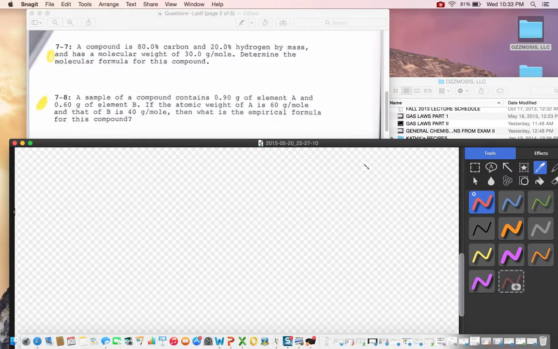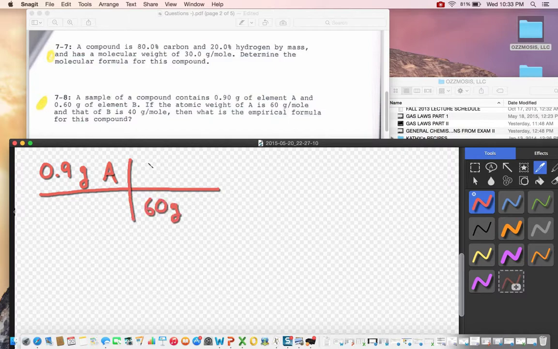I have 0.9 grams of element A, and the molar mass of A is 60 grams per mole. That's 0.9 over 60 moles.